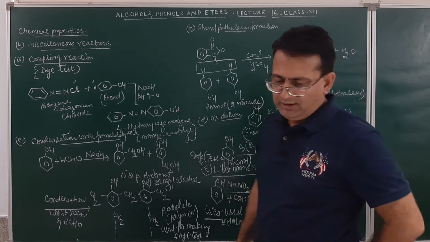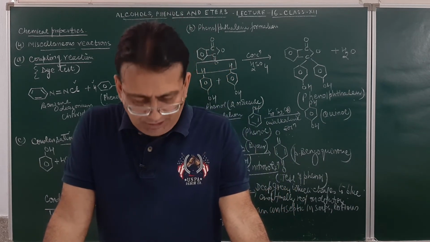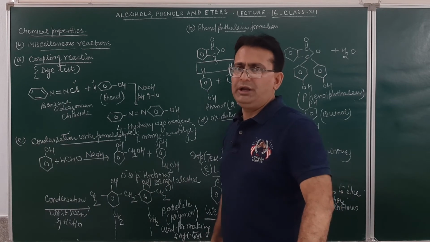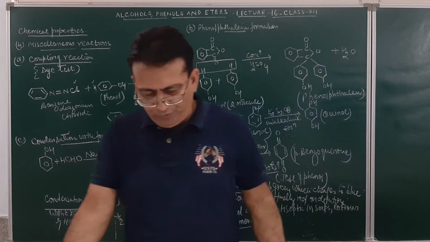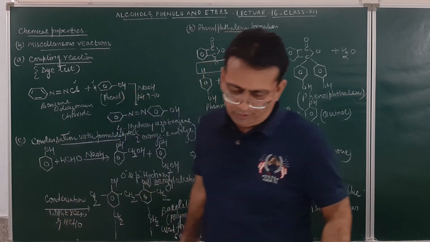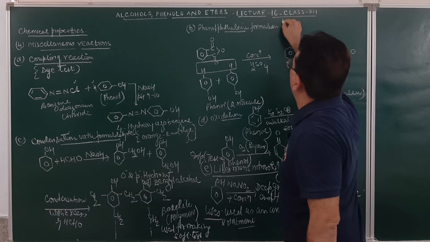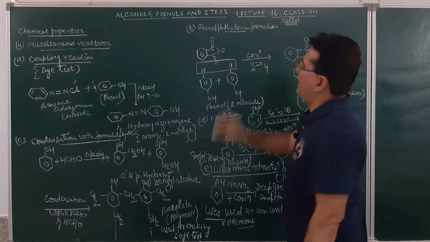In fact, Dettol is a phenol derivative, and this is 2,4-dichloro-3,5-dimethyl phenol. Dettol, I am writing over here, student. What is the formula for Dettol? Dettol is a powerful antiseptic.